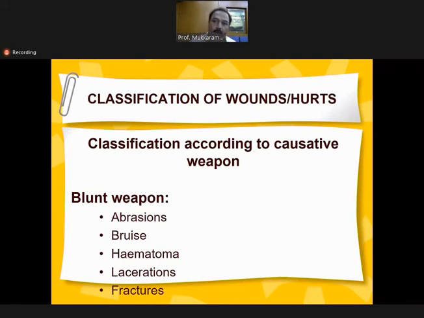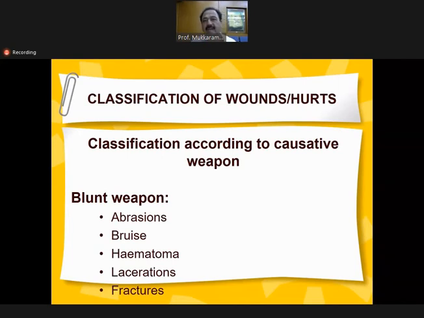Maybe you are just going and there is some rough object, and your hand comes in touch with that rough object, and you develop an abrasion. Abrasion in Urdu we call a kharash. At that time, you feel injured, you get hurt, and you repel from that.